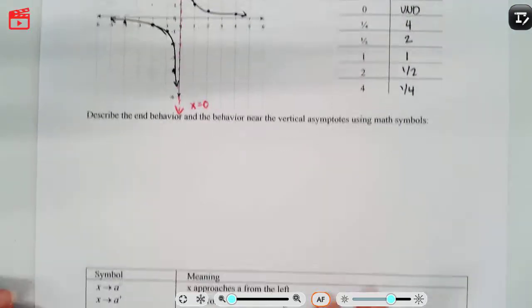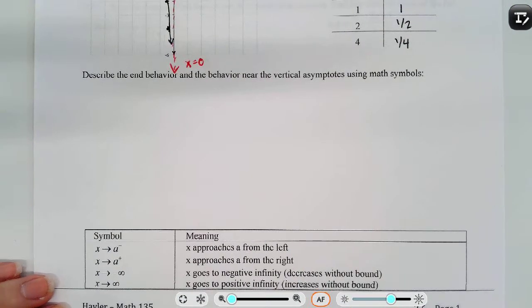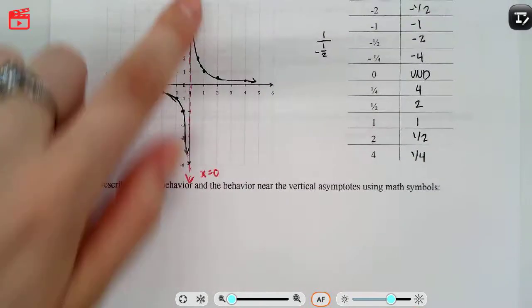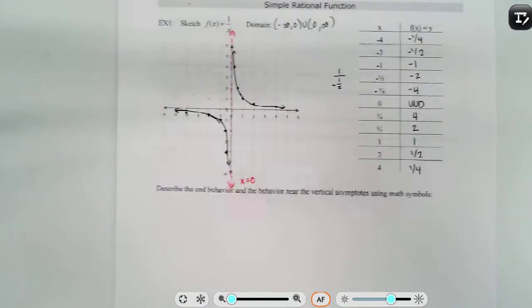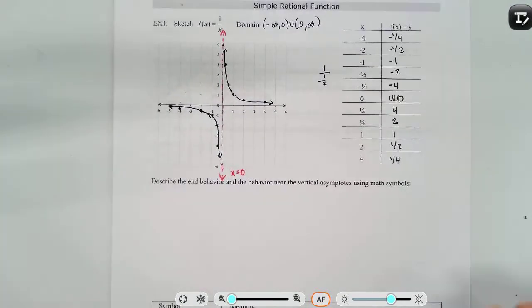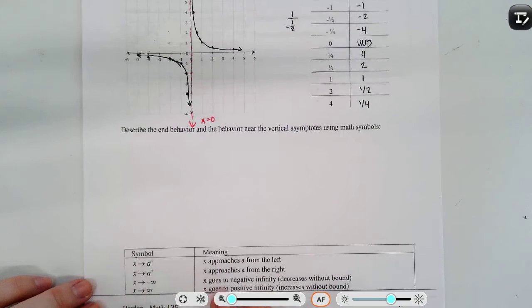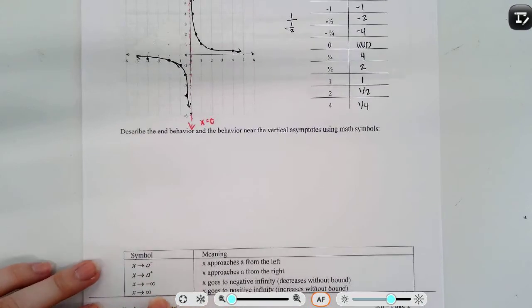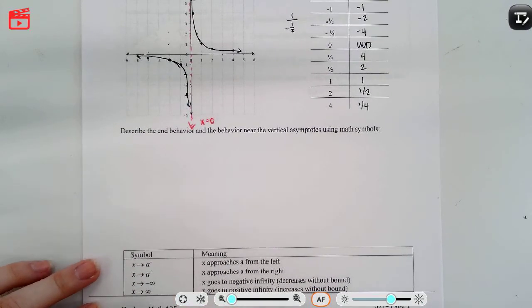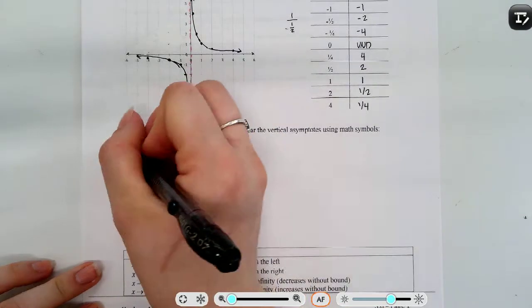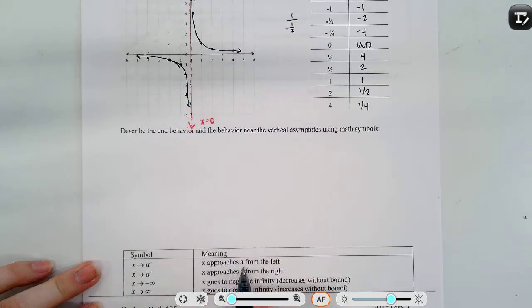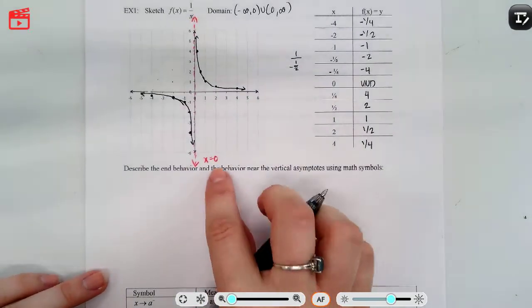Nothing fancy. So we're going to describe the end behavior and the behavior near the vertical asymptotes using math symbols. This is our vertical asymptote. We only have one. Let me bring my camera up. We have a few different options here for what we're going to be describing, and a is going to be our asymptote. So this is read as x approaches a from the left. Our asymptote is going to be 0.